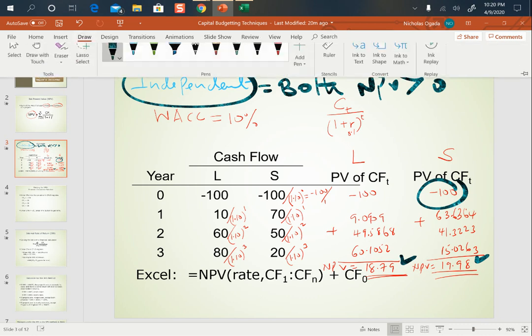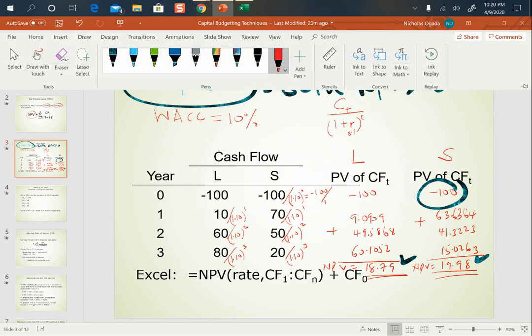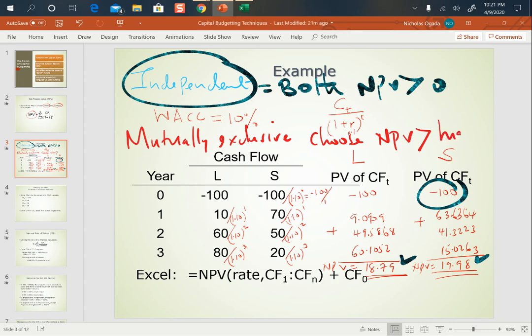However, if these two projects are mutually exclusive, in other words, the cash flow of one project will affect the other, so if you choose one, then the cash flows are going to be affected, in this case what you'll do is choose the project that has the highest NPV.